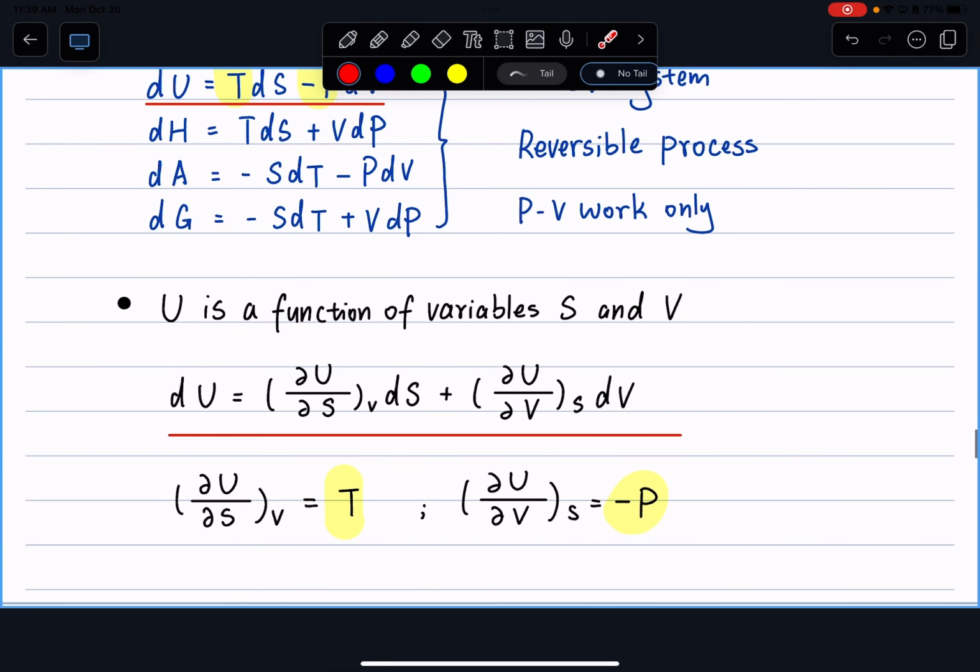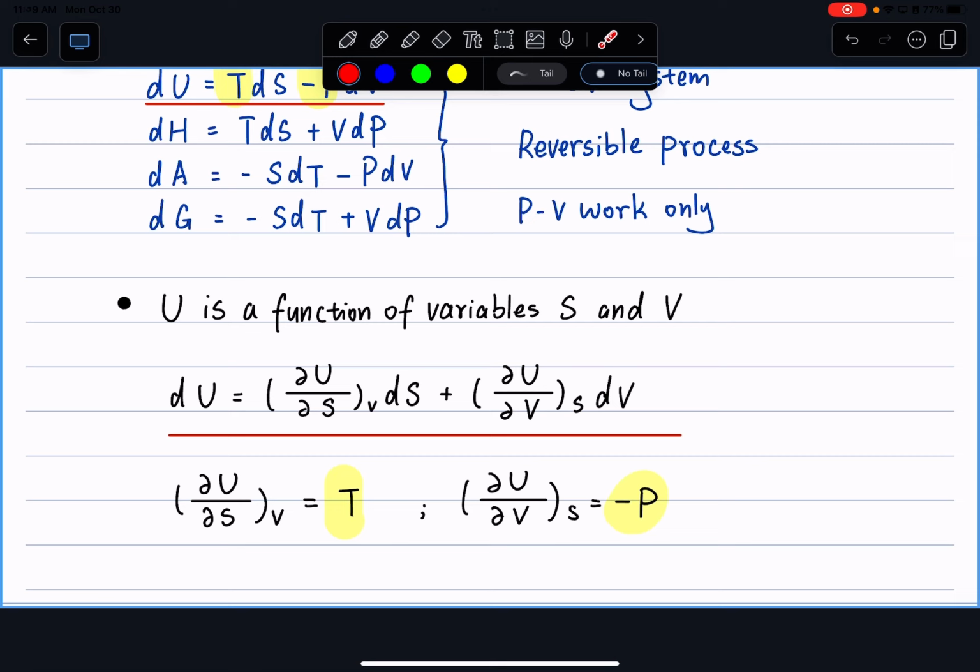So we have a lot more derivations. Let's just work on it on the board to make sure we're following everything here. In our dU part, we rewrite dU as the partial derivative of U over S at constant V, dS, plus dU over dV at constant S, dV.